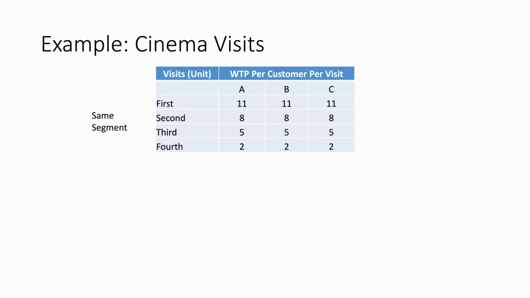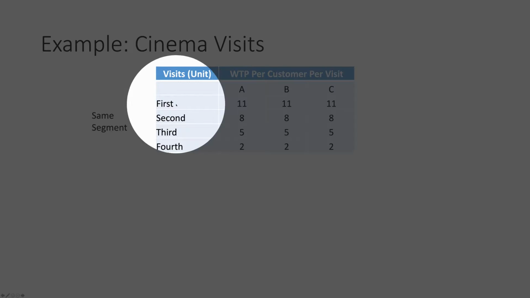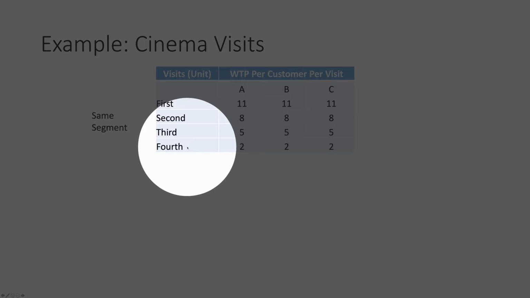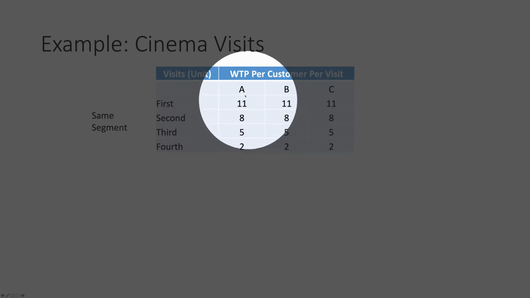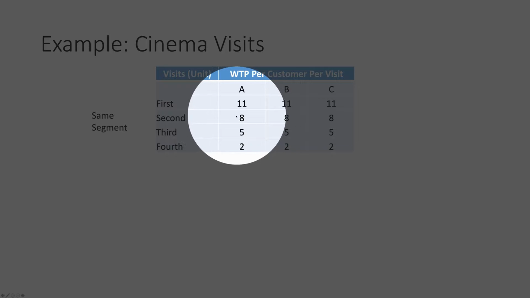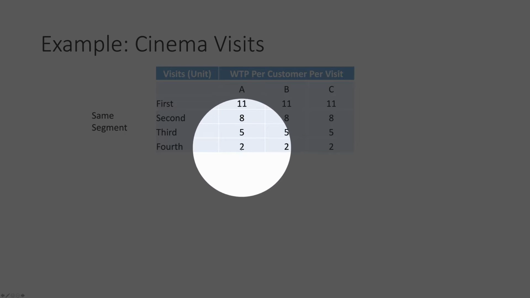In this example, we look at cinema visits. Someone can visit the movie theater once, twice, 3 times, or 4 times in a month. The willingness to pay per customer per visit for segment A is $11 for the first visit, $8 for the second, $5 for the third, $2 for the fourth.